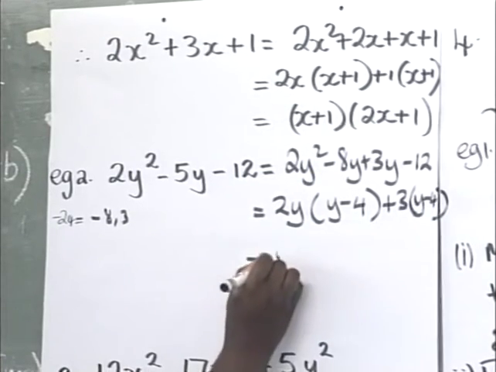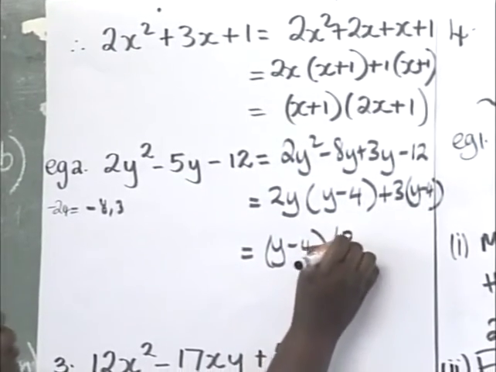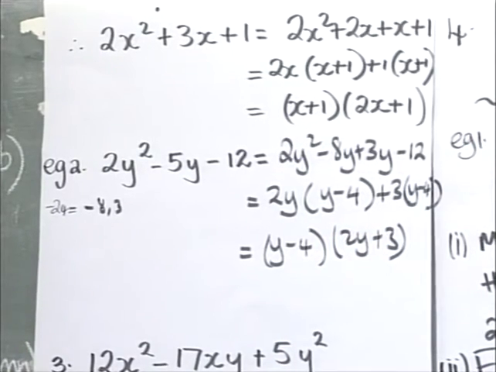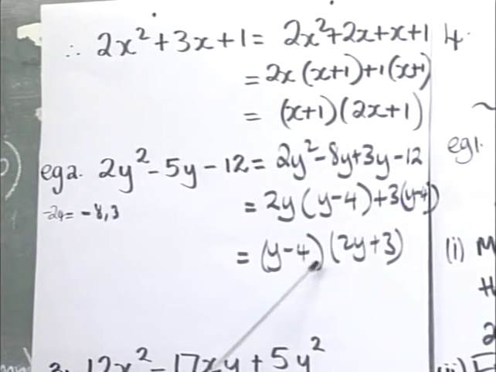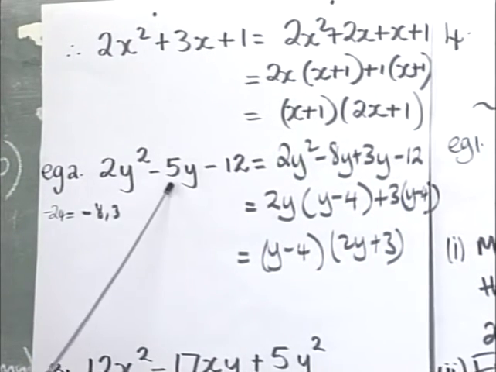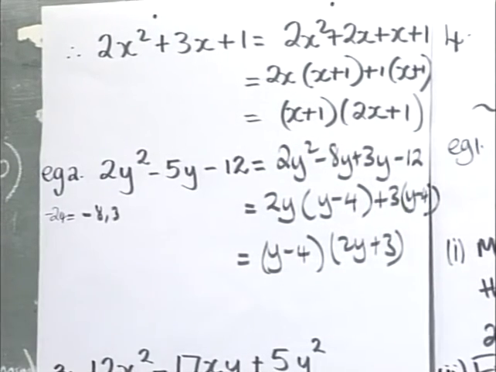So I will get y minus 4 times 2y plus 3. Again, to check whether you've got the correct answer, you multiply y times 2y will give me 2y squared, y times 3 will give me 3y, minus 4 times 2y will give me negative 8y, negative 8y plus 3y will give me negative 5y, and minus 4 times 3 is negative 12. Okay, you have to do example 3.